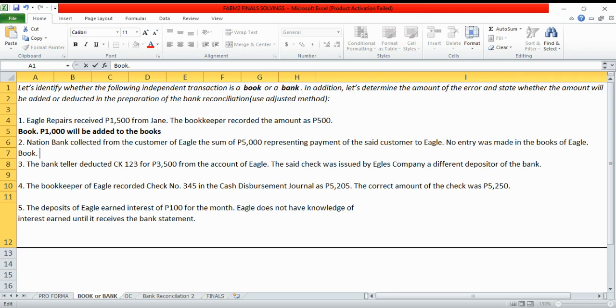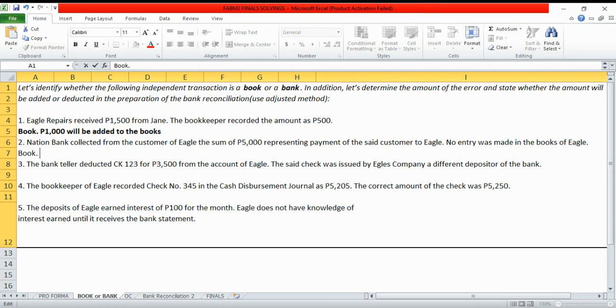Because under the book, we have only credit and debit. So for the credit, we have 5,000 pesos. Nation Bank collected from the customer of Eagle the sum of 5,000 pesos, representing payment of the said customer.